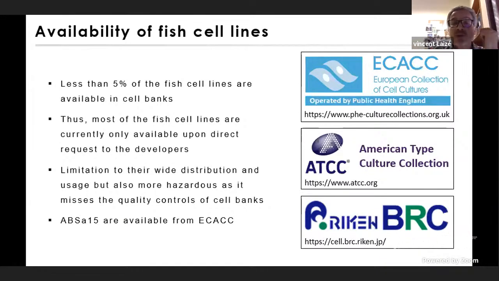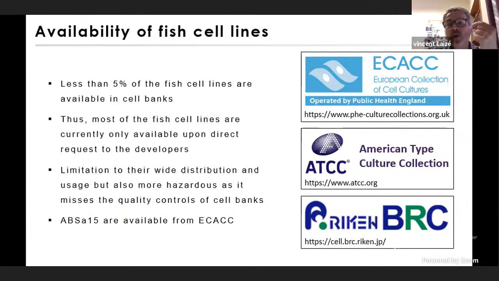And it's not only that. The fact that the cell line is available from a cell bank is also, how can I say in English, a gauge of quality. Why? Because the cell bank will test the cells for the presence of contaminants, especially mycoplasma. They will also authenticate the cell lines.